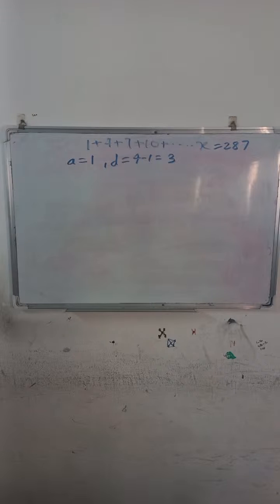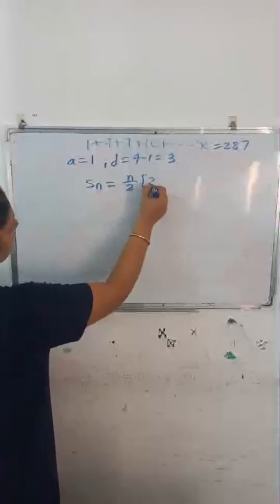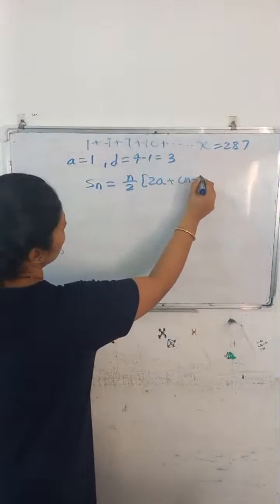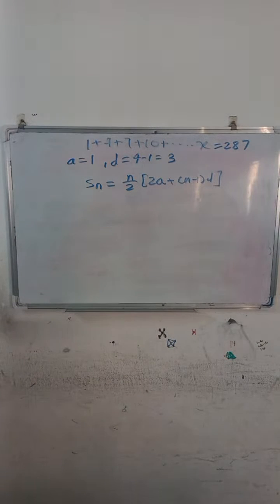Then, the number of terms in the series we can assume to be n. If these are all in a series, then we can write the sum of these numbers as n by 2 times 2a plus n minus 1 into d. So we use this formula.